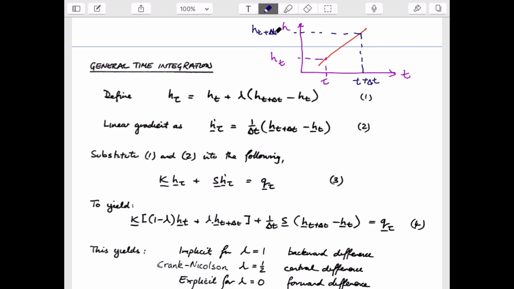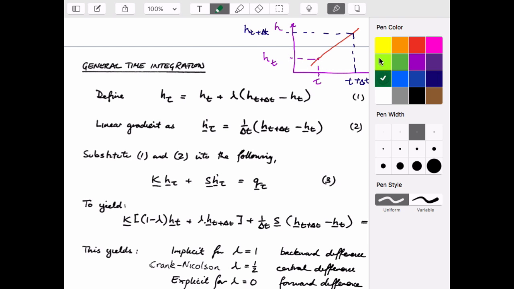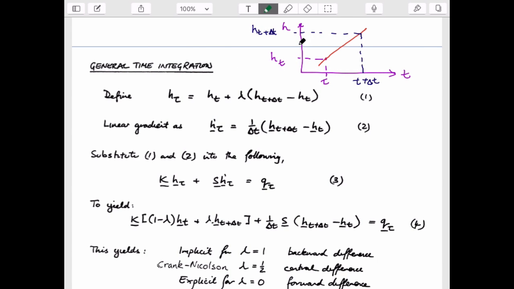And where this is going is that we might like to write a head at some intermediate time. And this intermediate time would be the head at time lambda, for want of a better term.